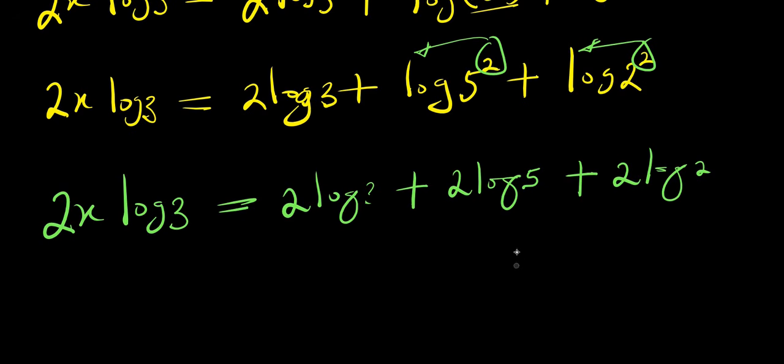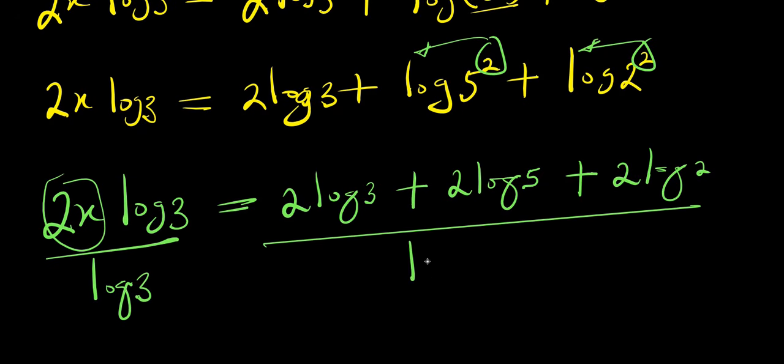Right? What do I need to do? I need to isolate 2x, so I divide this by log 3. Let me divide each of them by the common denominator, log 3. Let's cancel this.